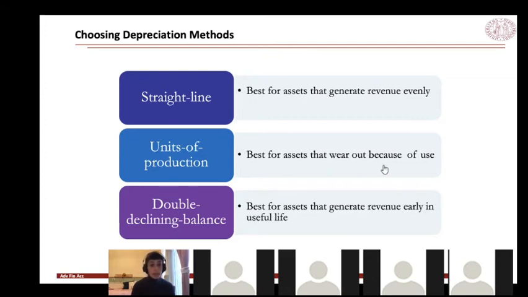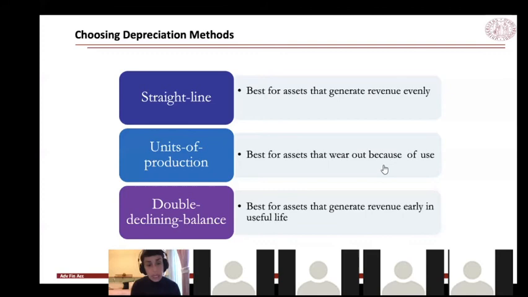So it gives a better, more honest picture to compute the depreciation expense based on the units that the asset is producing. The double declining balance, as with other accelerated methods, is best for assets that generate a lot of revenue at the beginning, and in the later years, the revenue stream decreases.